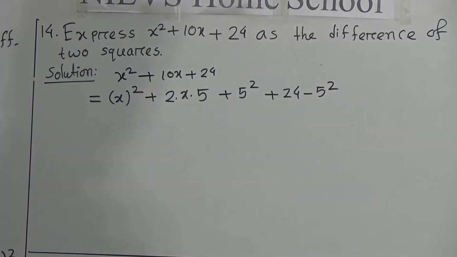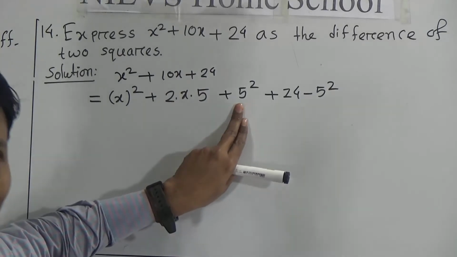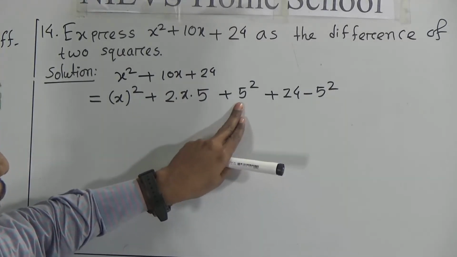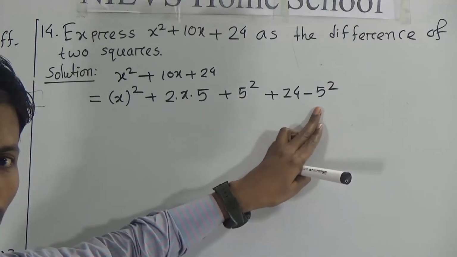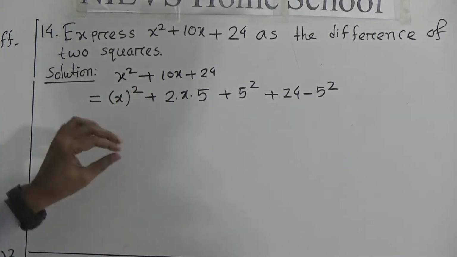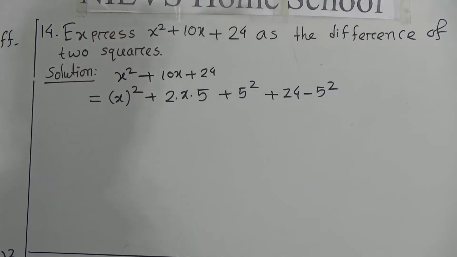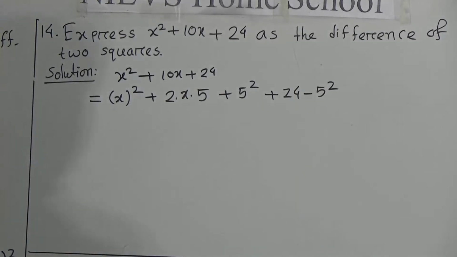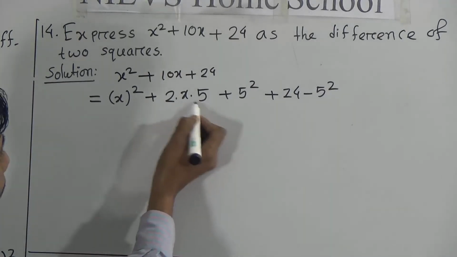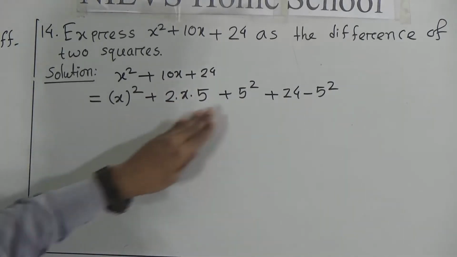Look, I have taken here 5 square, which is extra, so I have to subtract this 5 square. Then the value of this expression remains the same. But why have I taken the 5 here? Because 5 with x, 2 into x into 5, is 10x. Now it makes a formula.